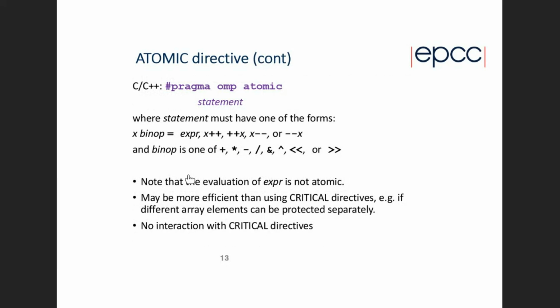Similarly, in C and C++, hash pragma OMP atomic. The form is slightly different here because of the different underlying syntax of the base language. The statement here looks like x binary operator equals something, or things like x plus plus or x minus minus.